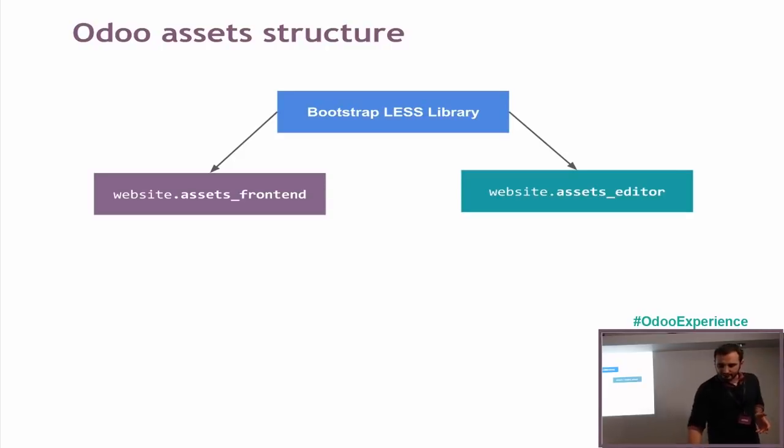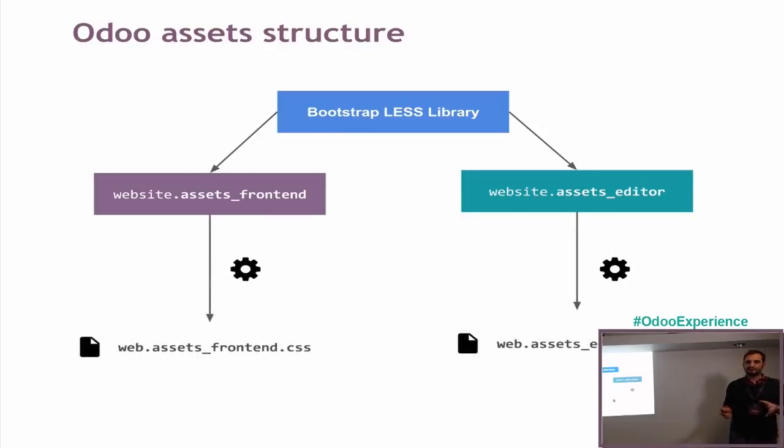So how does it work? Basically, the system will compile Bootstrap default with the website asset frontend and website assets editor in two different files, one for the frontend and the other one for the editor. These two files contain everything in your website for the frontend and for the editor.